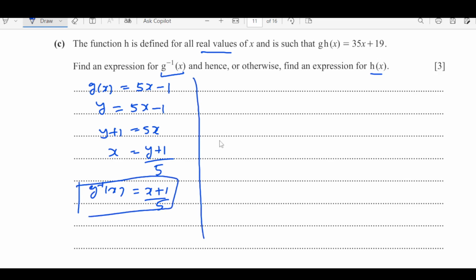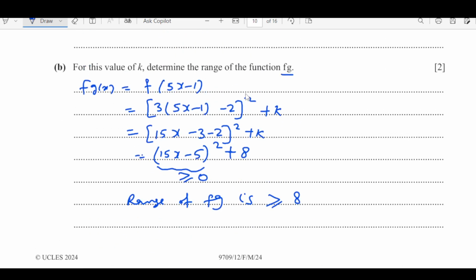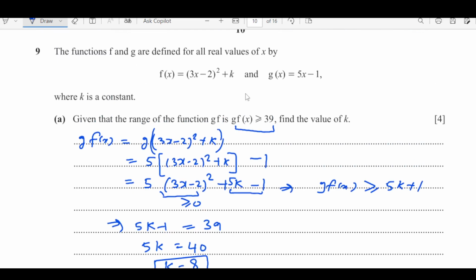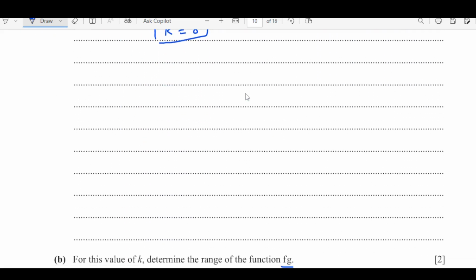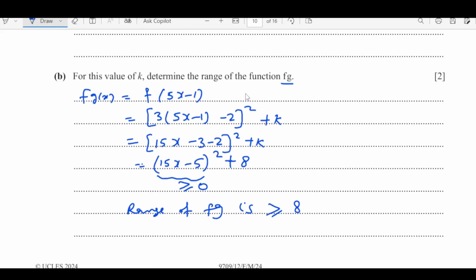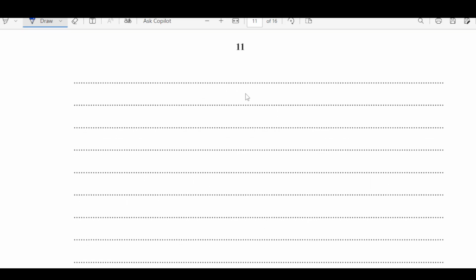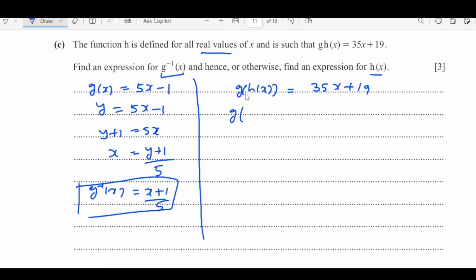Now the second one, we are looking for h(x). For h(x), we are given g of h(x) is 35x plus 9.